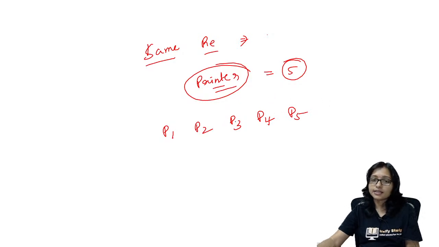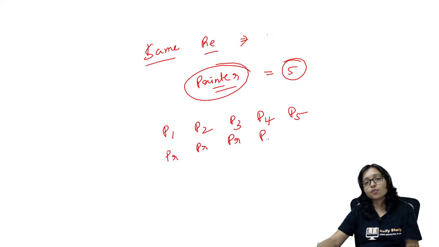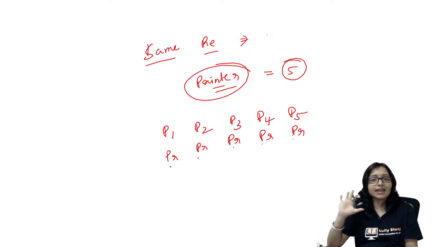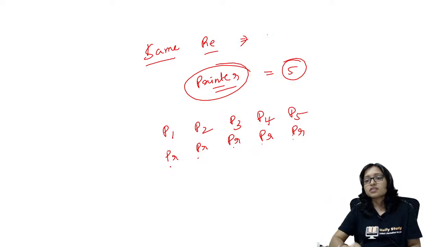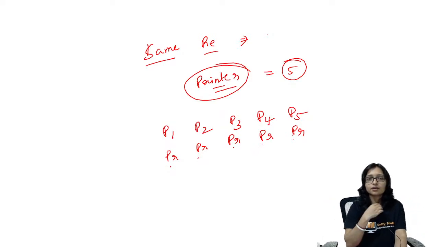Every process is taking one printer. So 1, 2, 3, 4, 5. 5 printers are there. Just wait 1 minute, someone is calling.